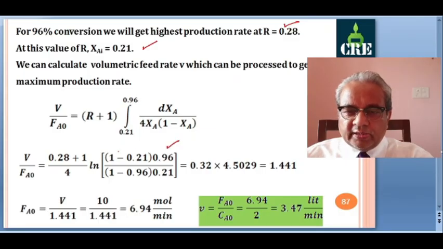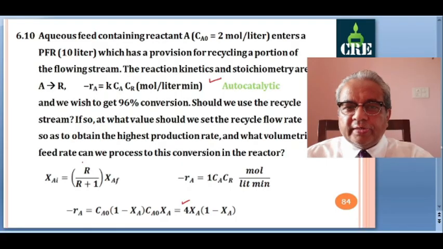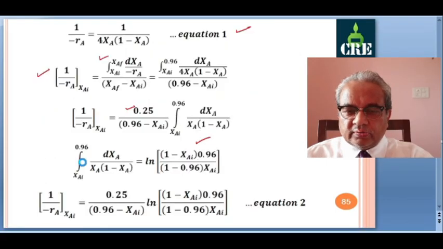This integral we have already solved earlier. Just substitute the values. V by FA0 you get as 1.441. So FA0 will be V by this, where V is 10 liters, given, the PFR of 10 liters.